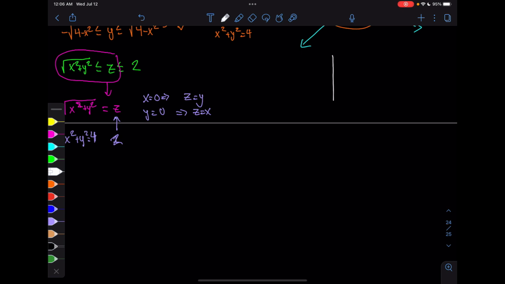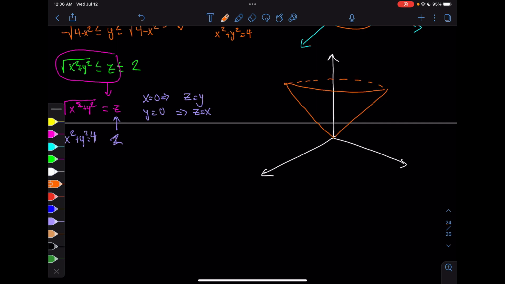So what have we found out about this shape? We have found out that z is trapped by this cone. It has a lower bound of the square root of x squared plus y squared, and an upper bound at z equals 2.